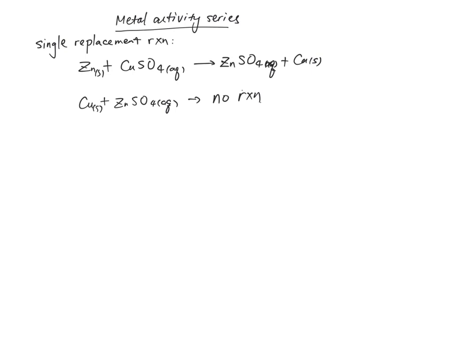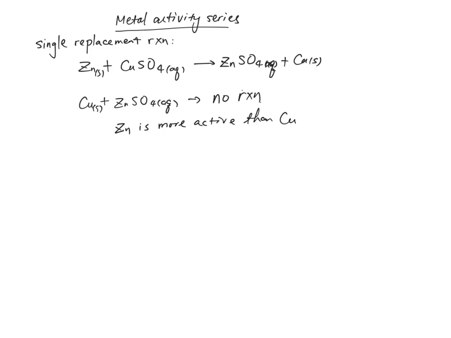Okay, so in this sense, we say that zinc is more active than copper. Okay, and of course, once people realize that between metals, one metal can do this to another, then people start to think, does this only happen between zinc and copper?